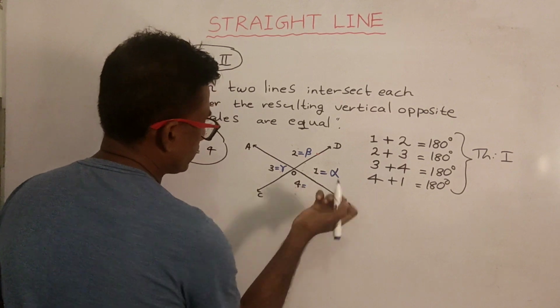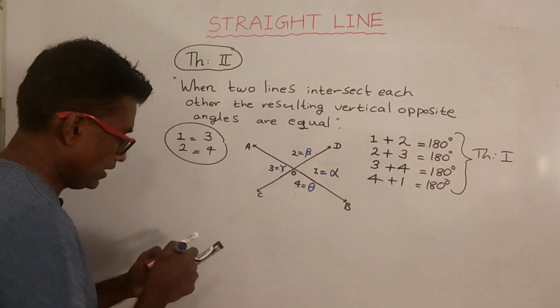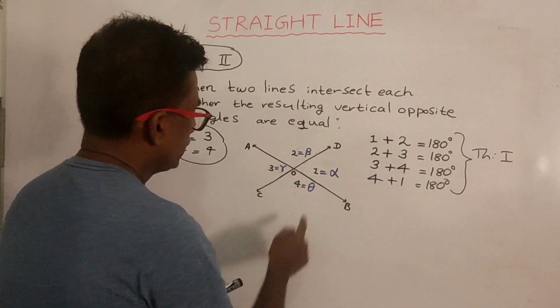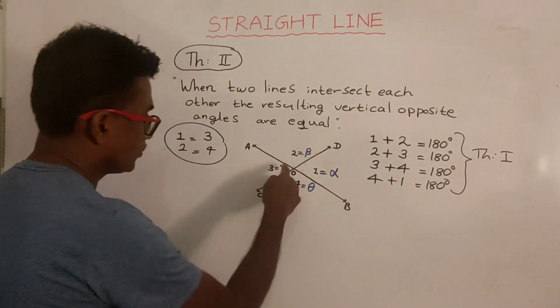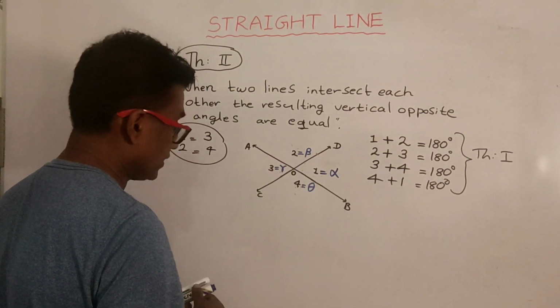These are actually Greek letters, but you can use any letter or any symbol which you are comfortable with. So 1 is alpha degrees, 2 is beta degrees, 3 is gamma degrees, 4 is theta degrees.